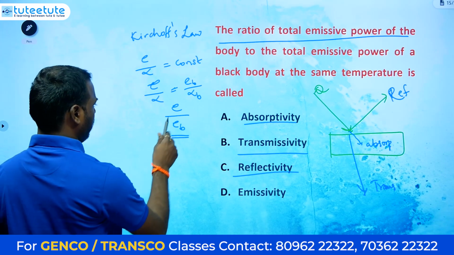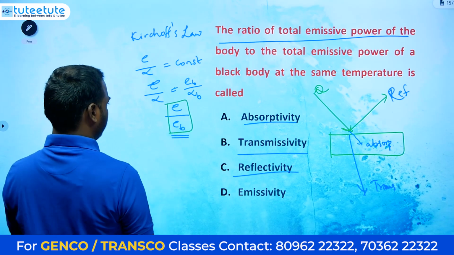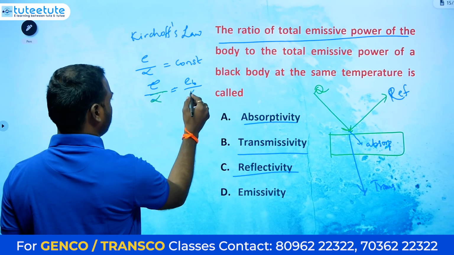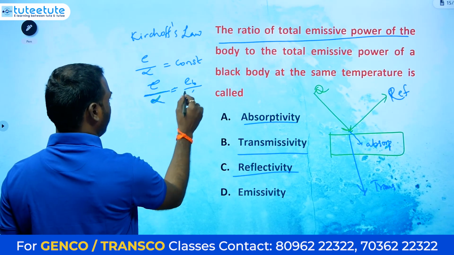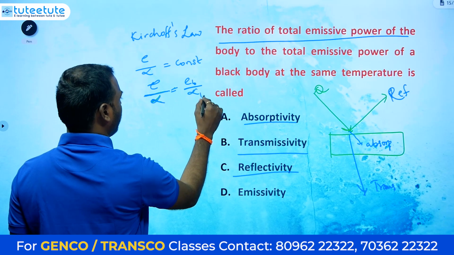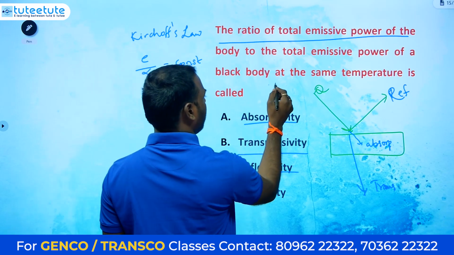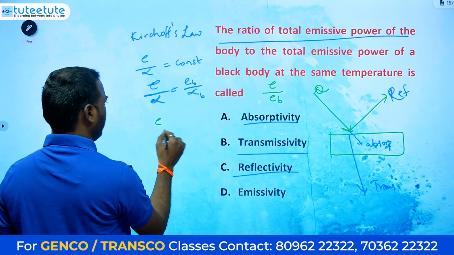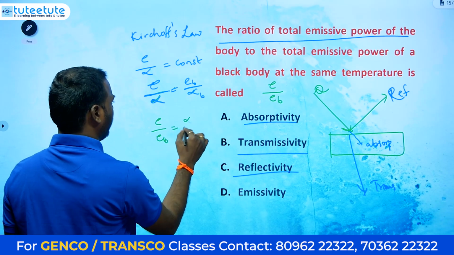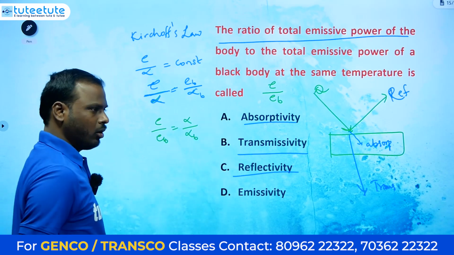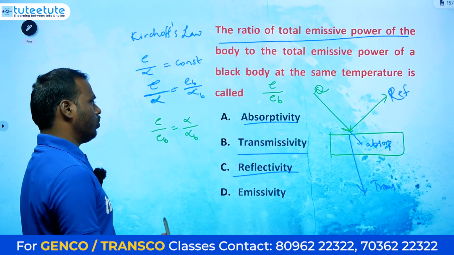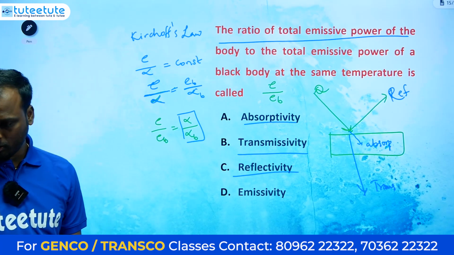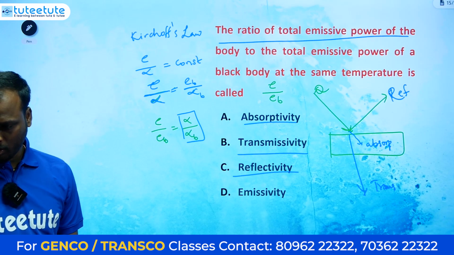But here he is asking about E by EB. So I am writing that E by EB is equal to alpha by alpha B. What is alpha B?